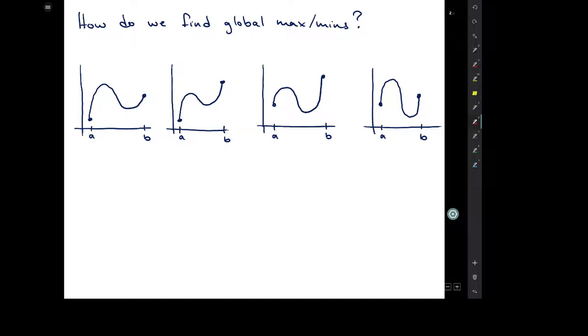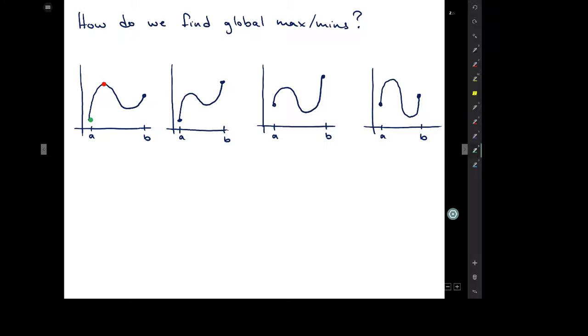In the picture on the farthest left, we have a continuous function on a closed interval from a to b, and we can look at the picture and see that at this point here, I have a maximum value, and at this point here, I have a minimum value.